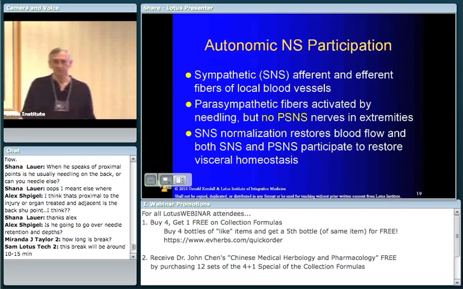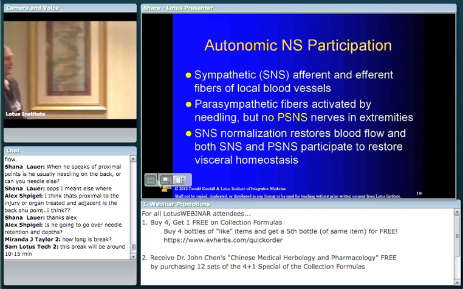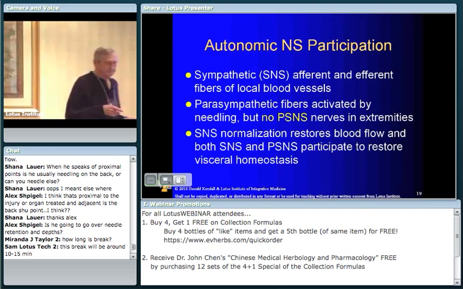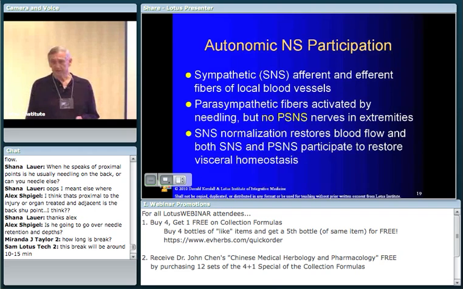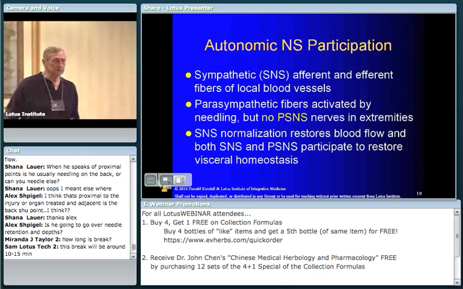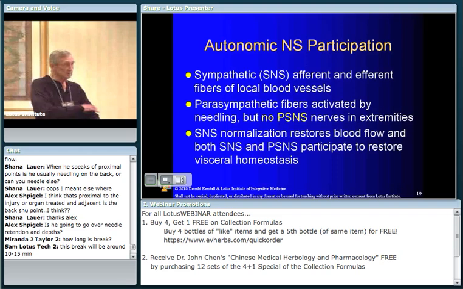For example, you can needle Jus and Lee on the leg, and you can measure a sympathetic fiber response in those nerves, but you also get a parasympathetic response in the vagal nerve. So this connection is not the peripheral nerve. There are no parasympathetic fibers in the extremities. So there's no fibers out there.